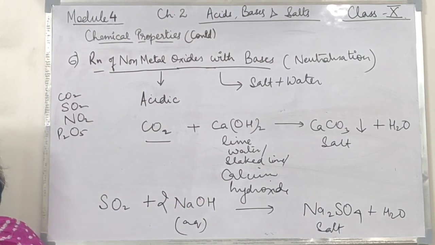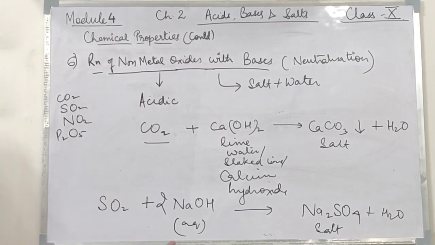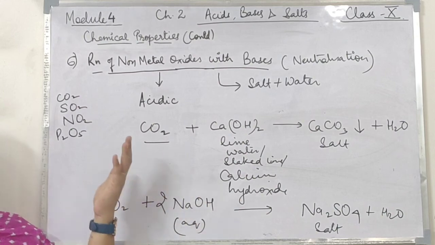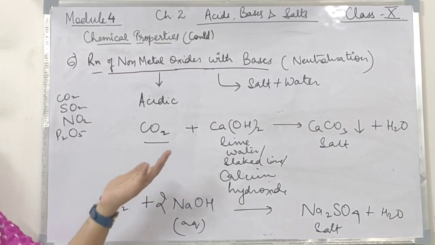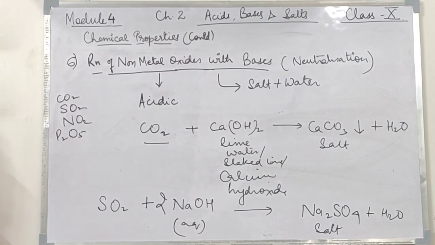Again they formed salt and water. We studied the example of copper oxide with sulfuric acid, and the example of magnesium oxide with sulfuric acid or hydrochloric acid. In both cases salt and water was formed.